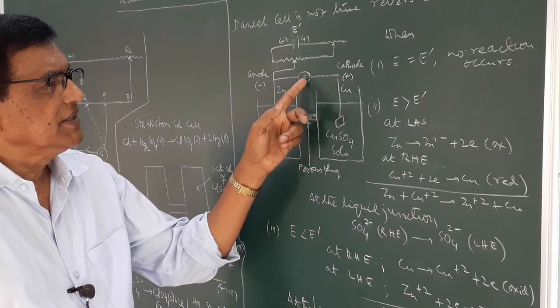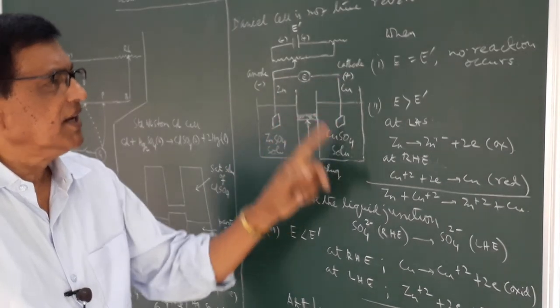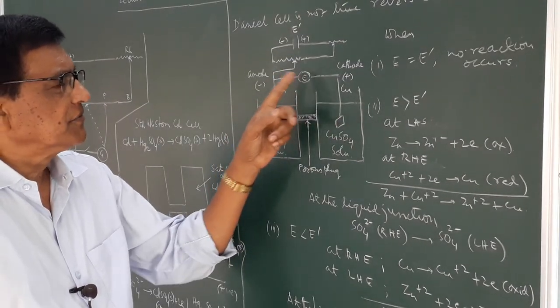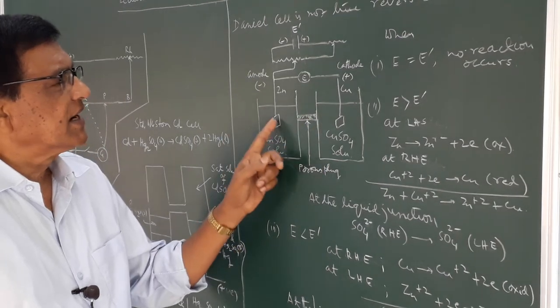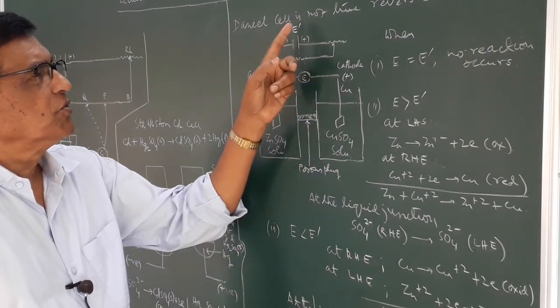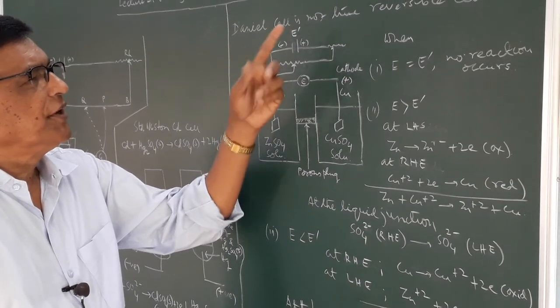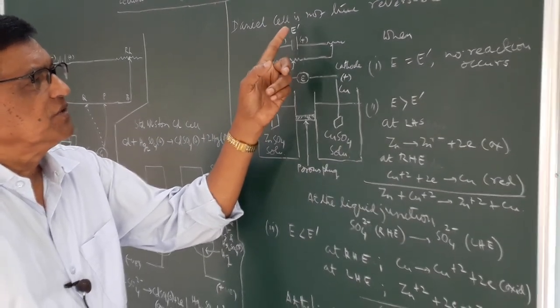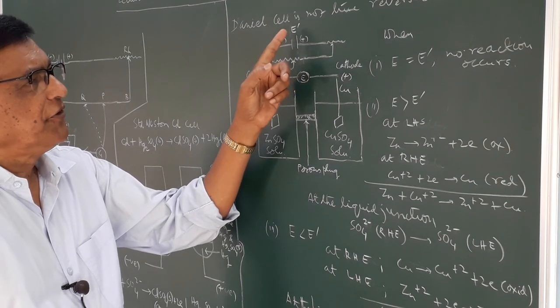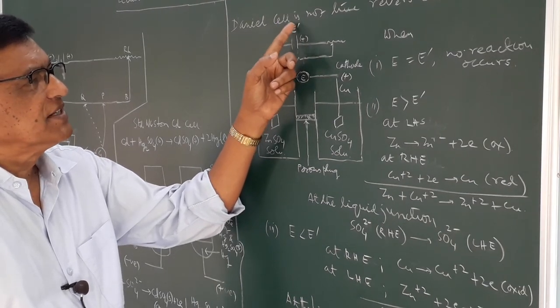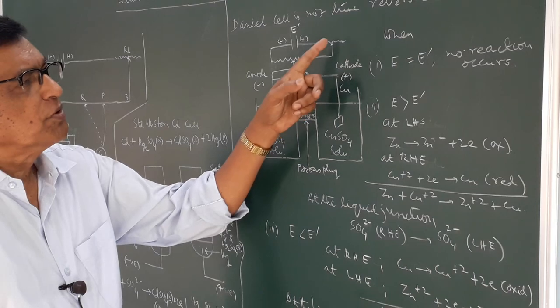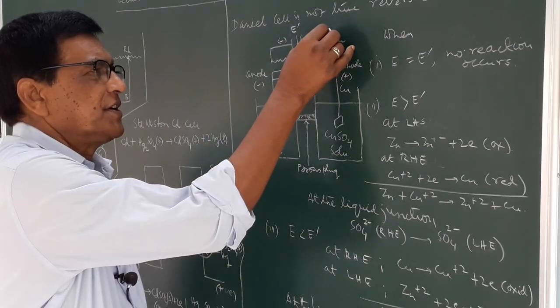Here is the EMF of this cell, and this cell is connected in opposition with an external battery of variable potential, which is E dash, and the variability of this potential is controlled by means of a rheostat.